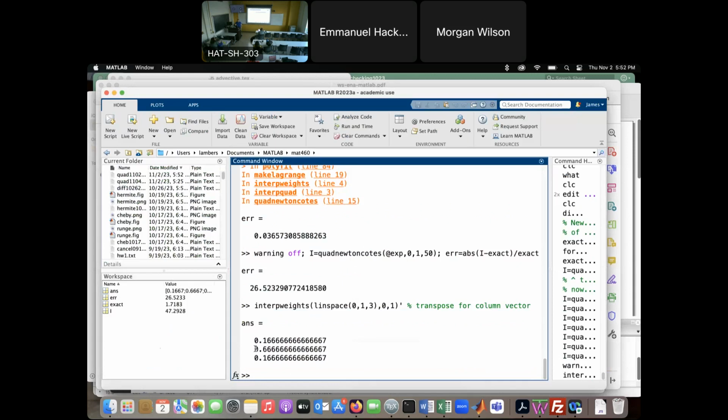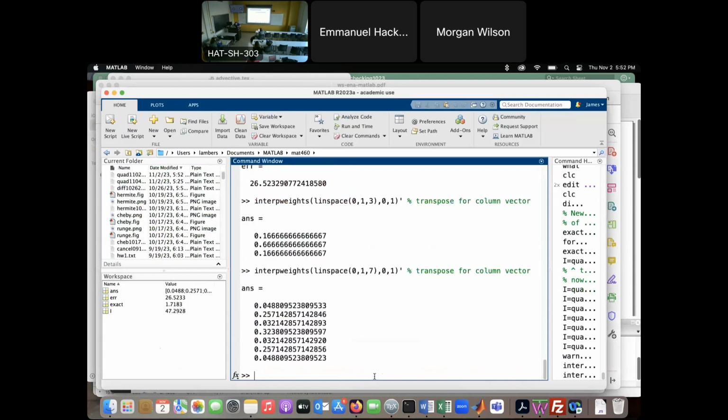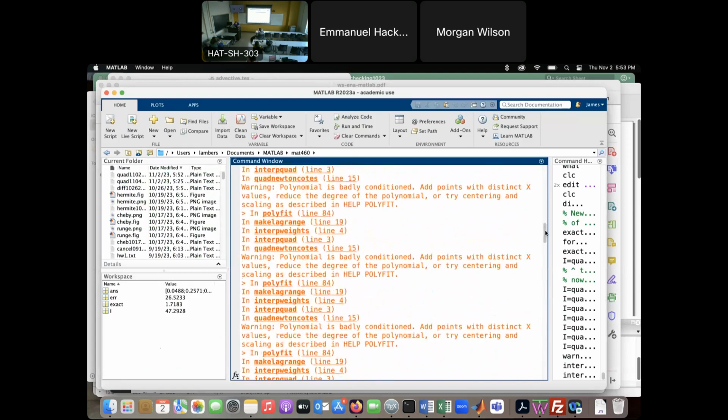The node in the center, the midpoint, gets 4 times the weight of the endpoints. So these are the weights that we would expect for Simpson's rule. Then if I increase the number of nodes, there's a certain symmetry to the weights.